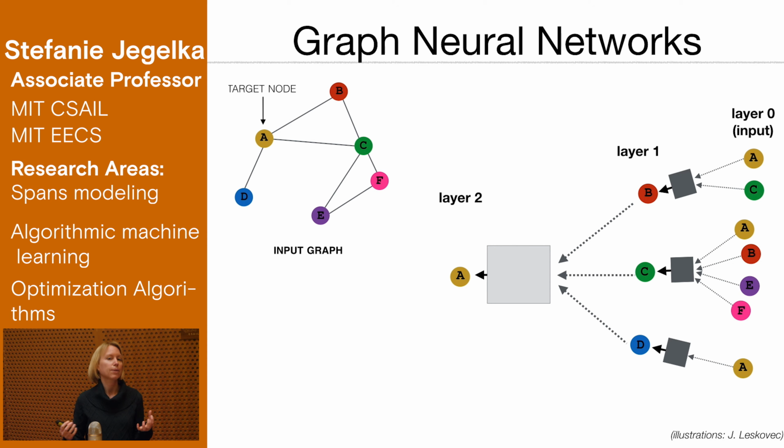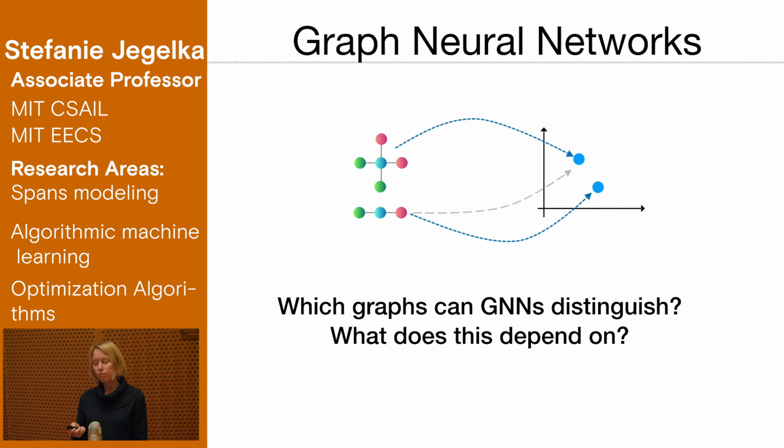How do we actually aggregate that information? One basic question about these kinds of machine learning models is, if I feed it two different graphs, two different social networks, two different molecules, will it actually encode them differently? Why is that a fundamental question? If you encode them into the same encoding, you cannot distinguish them anymore.